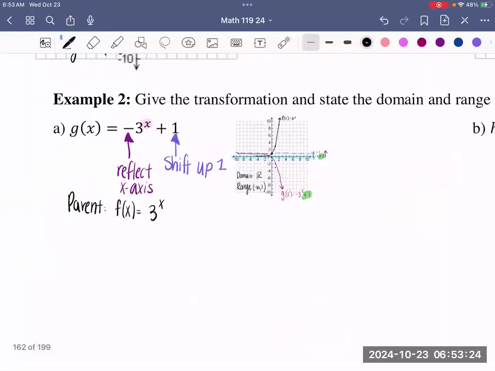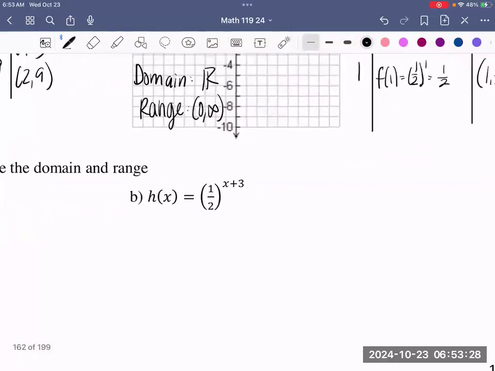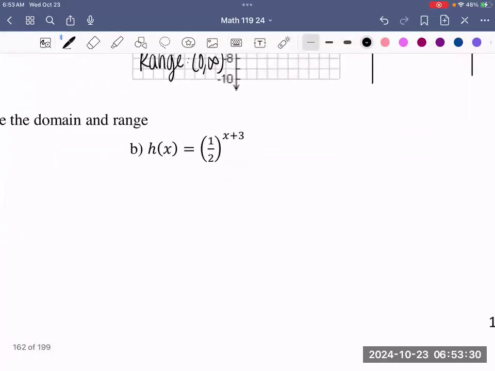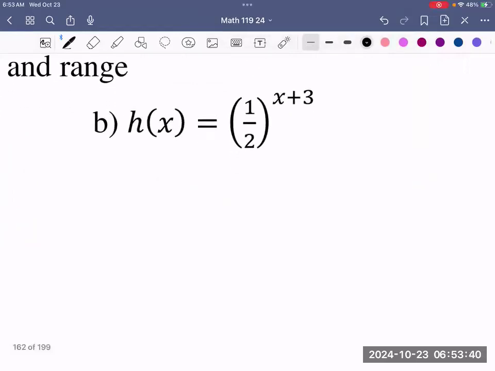We're going to try it again with your next one. So you have h of x is equal to 1/2 to the x plus 3. Let's take a look at this transformation. You'll notice that we have a +3 directly attached to your x value up in the exponent, rather than down here.